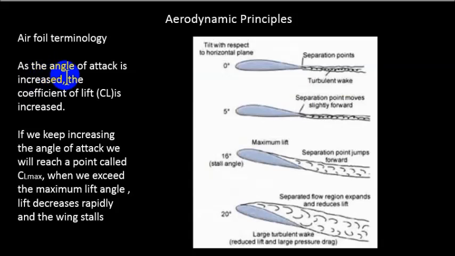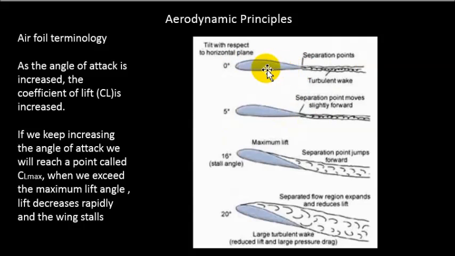All right, so as the angle of attack is increased, the coefficient of lift is increased. Now, as we're pitching upward or increasing our angle of attack, we have some stuff going on here. At 0 degrees angle of attack, airflow separation is here. A little turbulent wake, nothing to worry about. At 5 degrees, we have a little bit of airflow separation.